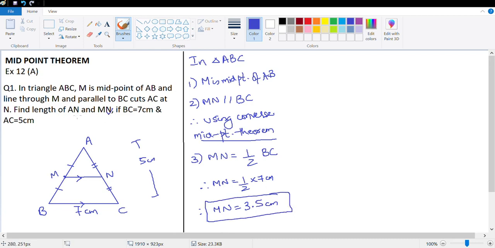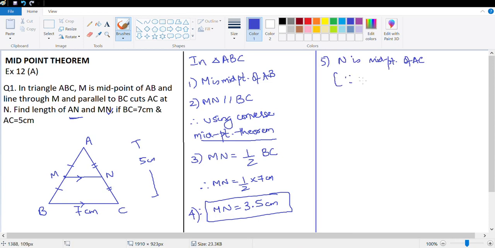And we need to find the length of AN. So now we know, using converse midpoint theorem, MN is equal to half BC, and we also know that N is midpoint of AC.